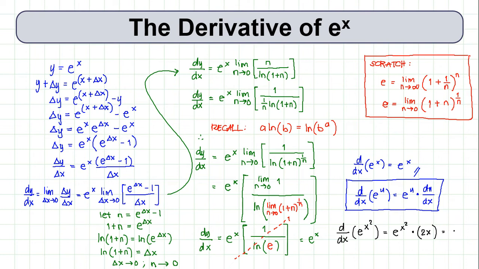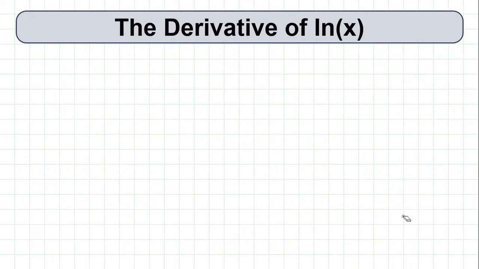No? Therefore, it is 2x e to the x squared. Okay? Ganyan lang siya. Ganyan lang kunin yung ating e.